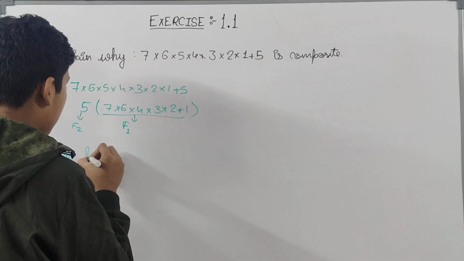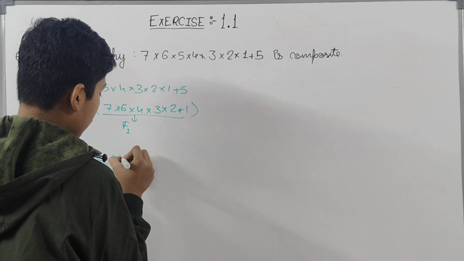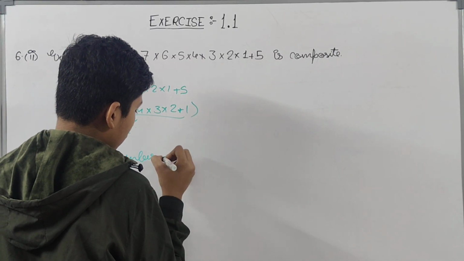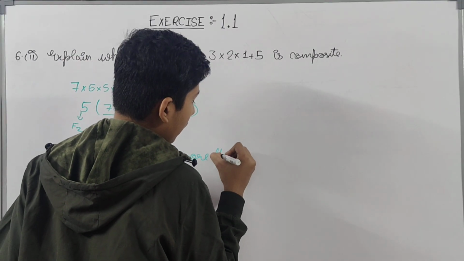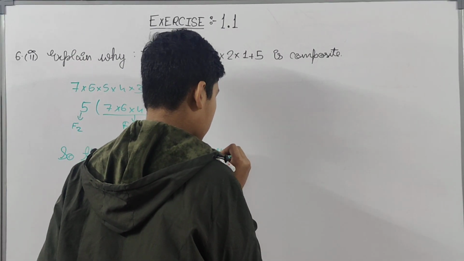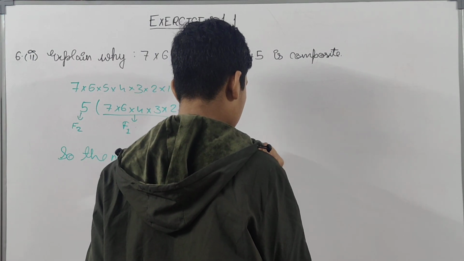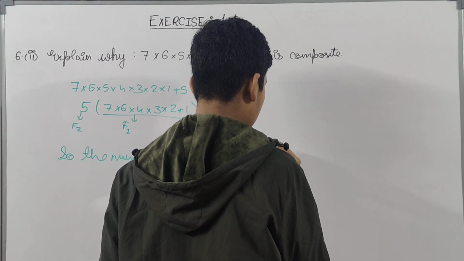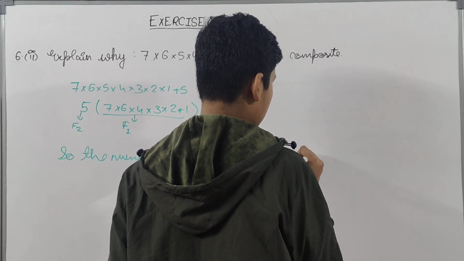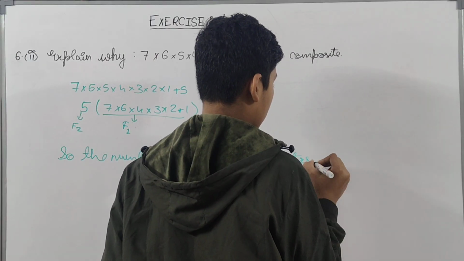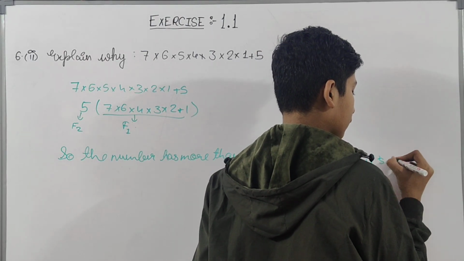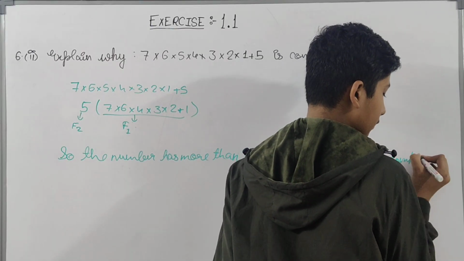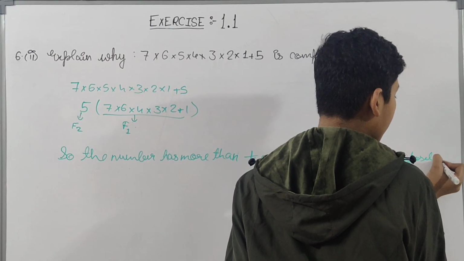So the number has more than 2 factors. Hence it is composite.